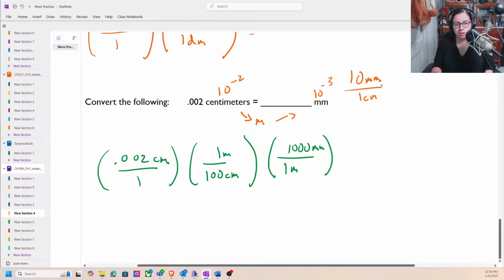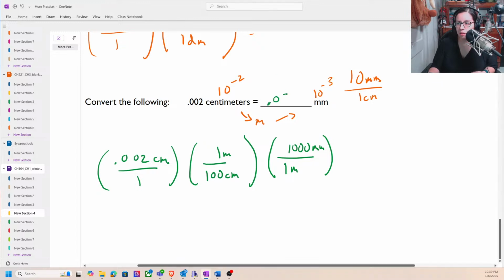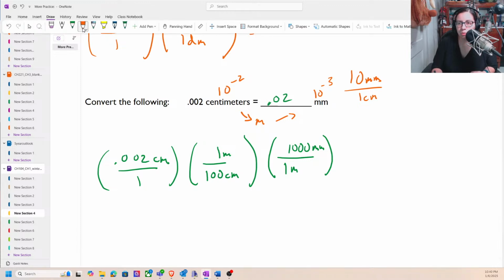I'm seeing my factor of 10 already, but again, I'll plug it in the calculator. So 0.002 centimeters divided by 100 times 1,000. So that gives us 0.02 millimeters.